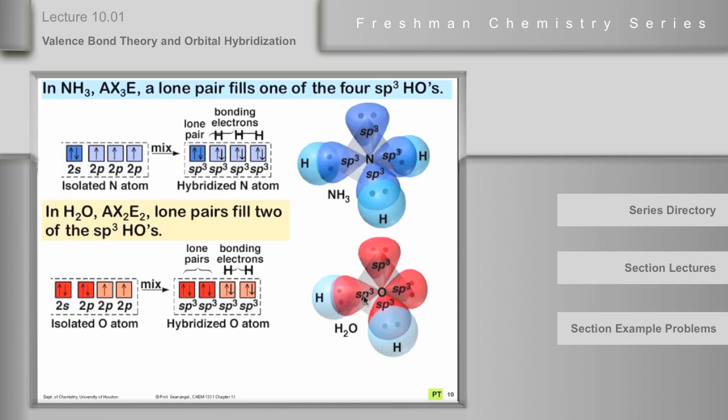Again, the angle for water is not perfectly 109.5 degrees. So later we're going to have to try to rationalize why it's a little bit different than the sp3 hybrid orbitals would suggest. Questions on ammonia and water? Okay, comfortable with that?